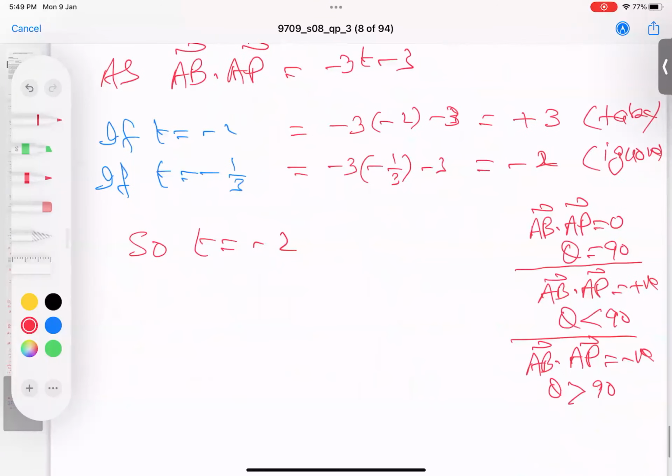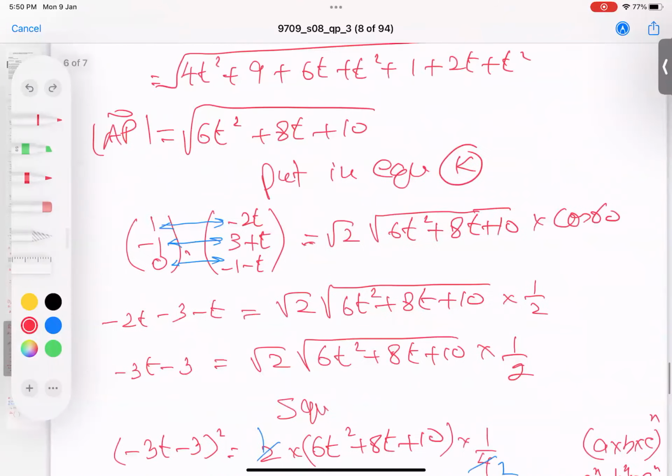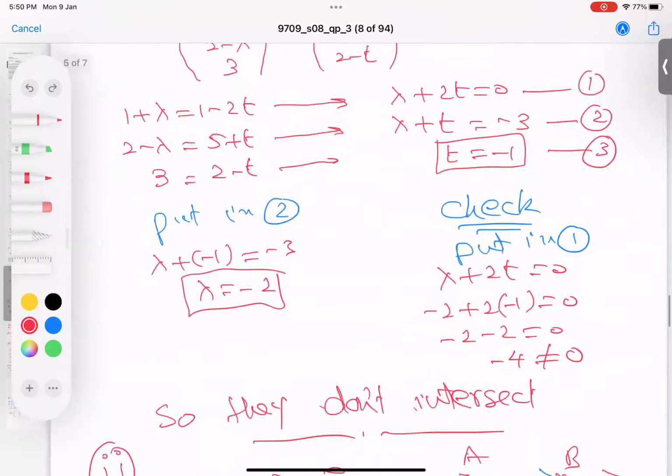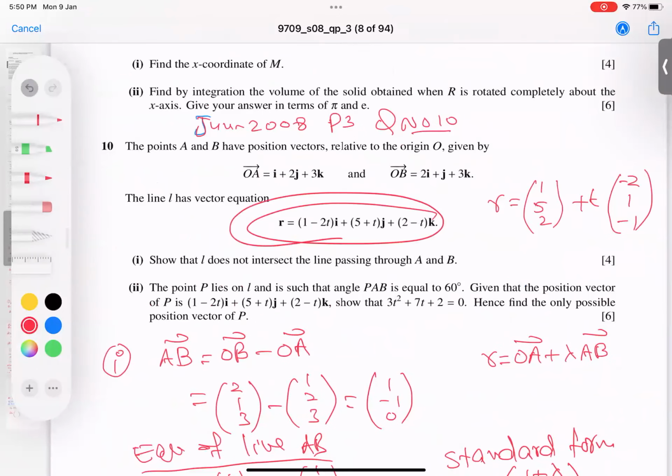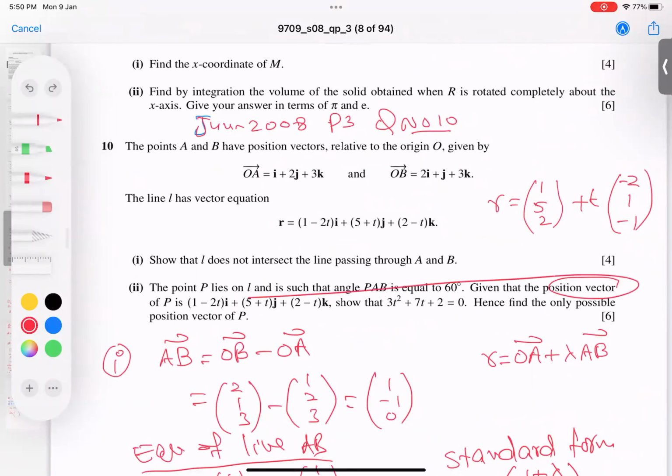Now I'm looking for the position vector of P finally, and I'm going to plug in t equals -2 in the formula here. The position of P is this one. So OP formula: I'm going to put in -2 here and here.